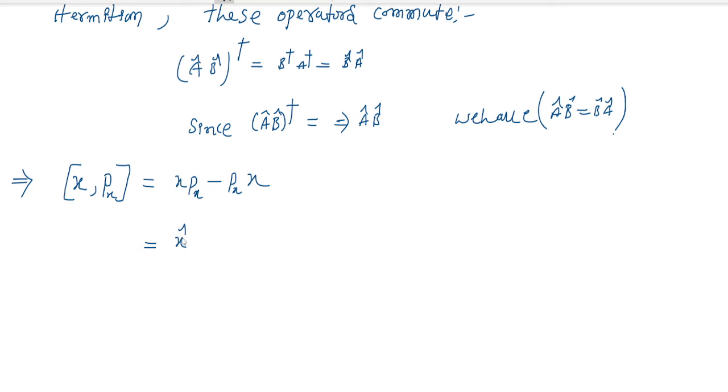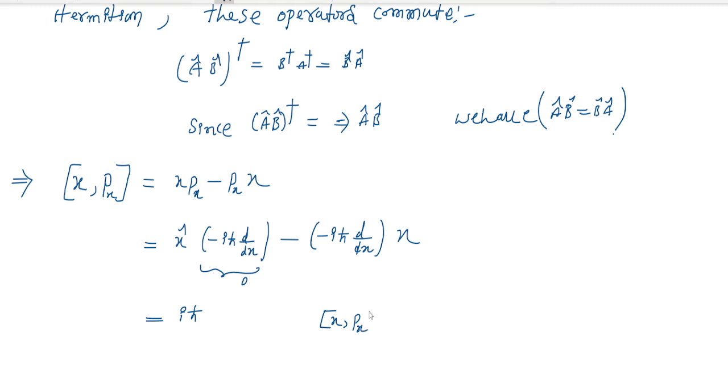In quantum mechanics the momentum operator we know is minus iħ d by dx. So minus iħ d by dx of 1, this term is 0, minus into minus plus, d by dx of x is 1, the remaining thing is ħ. So the value of position and momentum commutator equal to iħ.